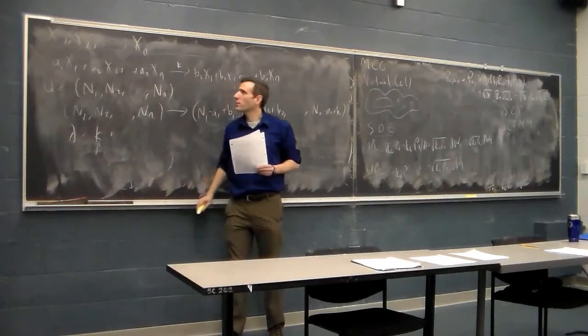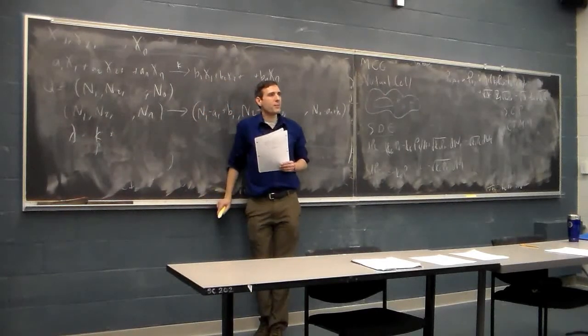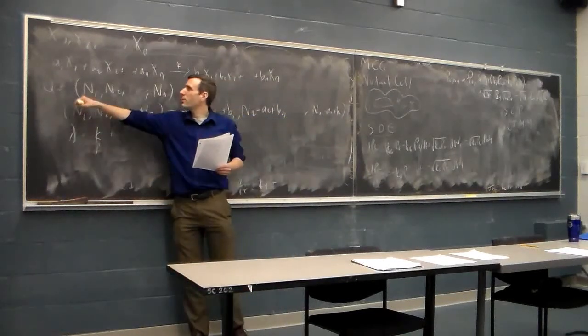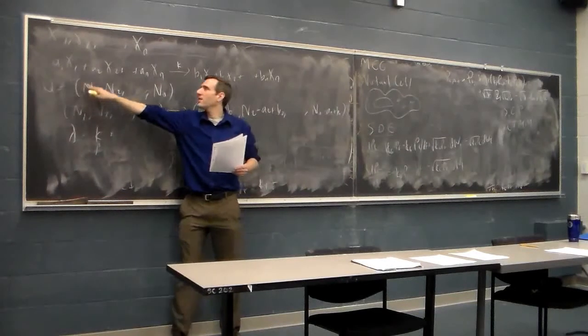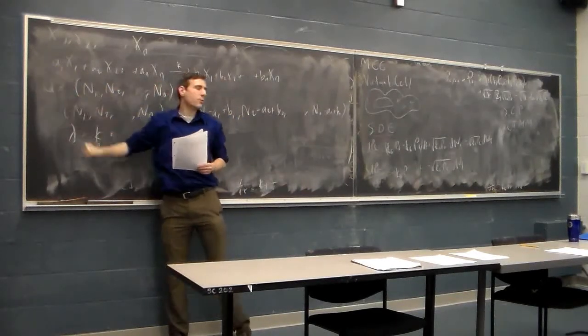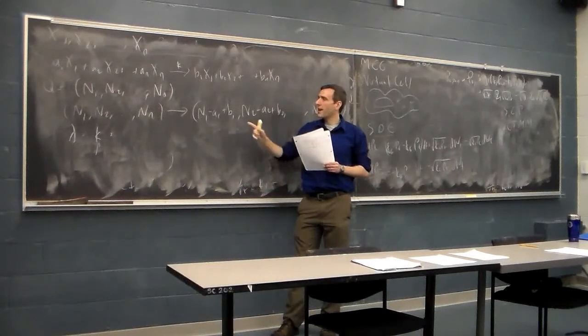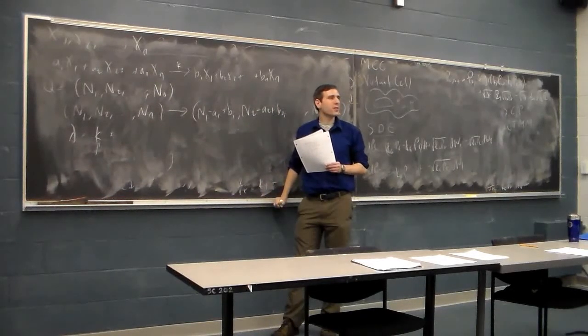And then we need to multiply this by all the possible ways of implementing the reaction. So if we have n1 copies of x1 and the reaction needs a1 of these, how many ways are there to pick the x1 reactants for this reaction?